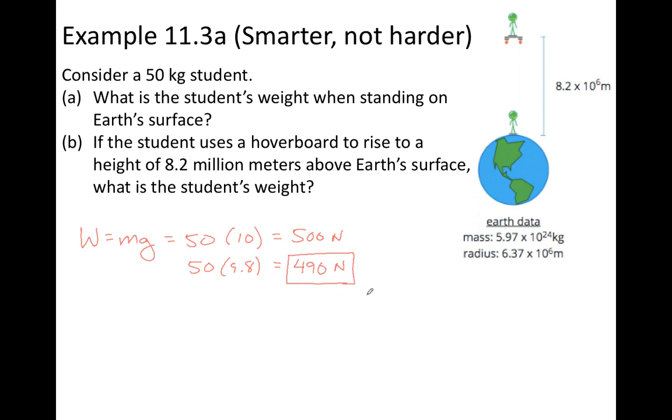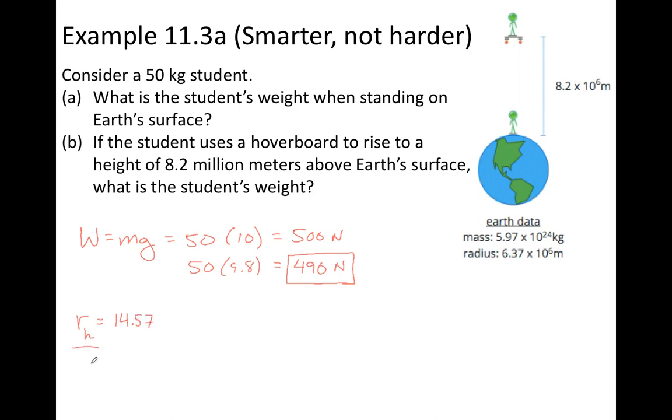Now for part B, now we're moving up to that new height. And remember, the new distance on our hoverboard was 14.57 million meters.